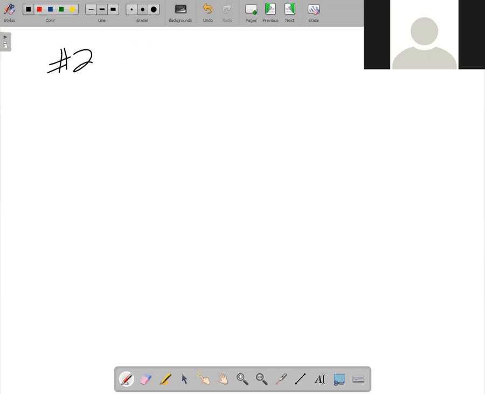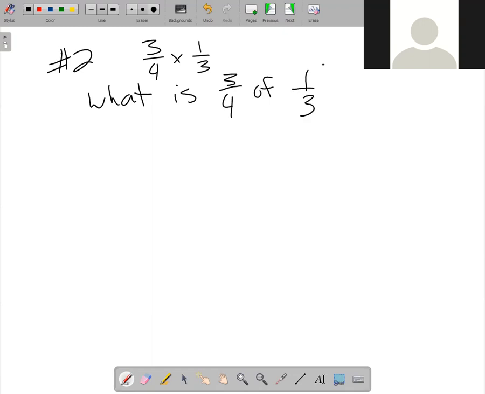Part 2. So usually for the multiplication, it takes me 2 or 3 stages of drawings to illustrate what I'm doing. So you give that a shot and I'll show you what I would draw.